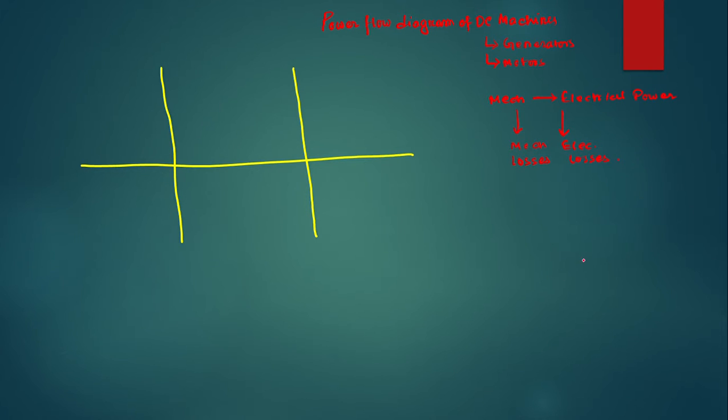right? So in the diagram over here, on the left hand side, we are going to see the power flow of a DC generator. How is the mechanical power getting converted to electrical power?